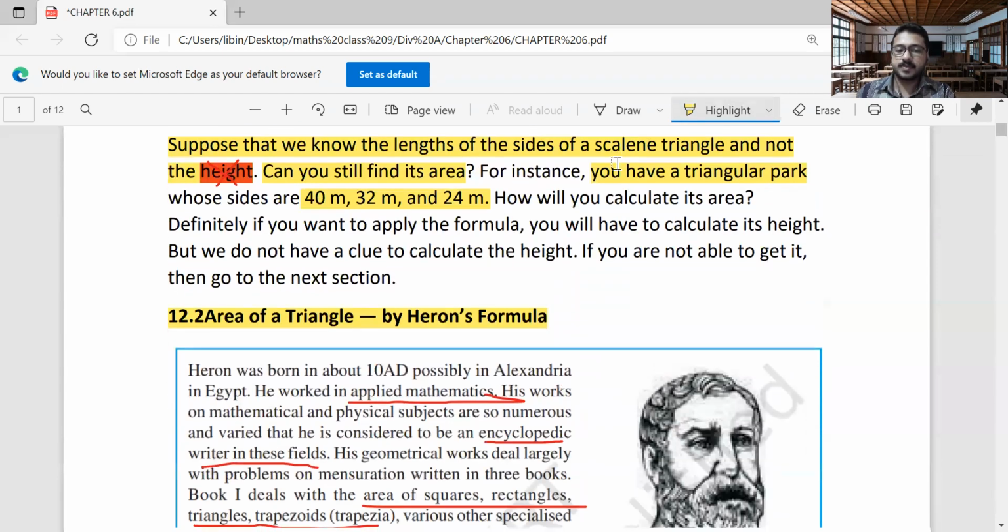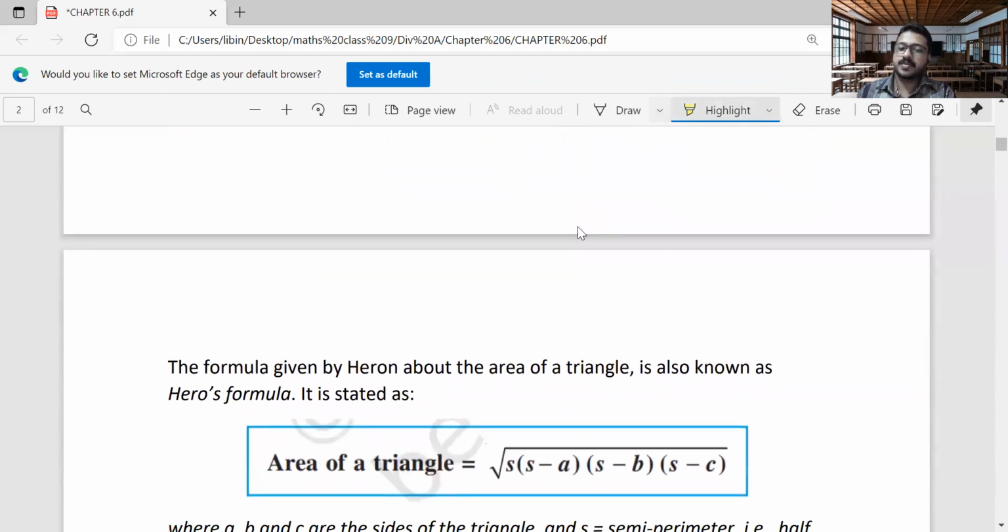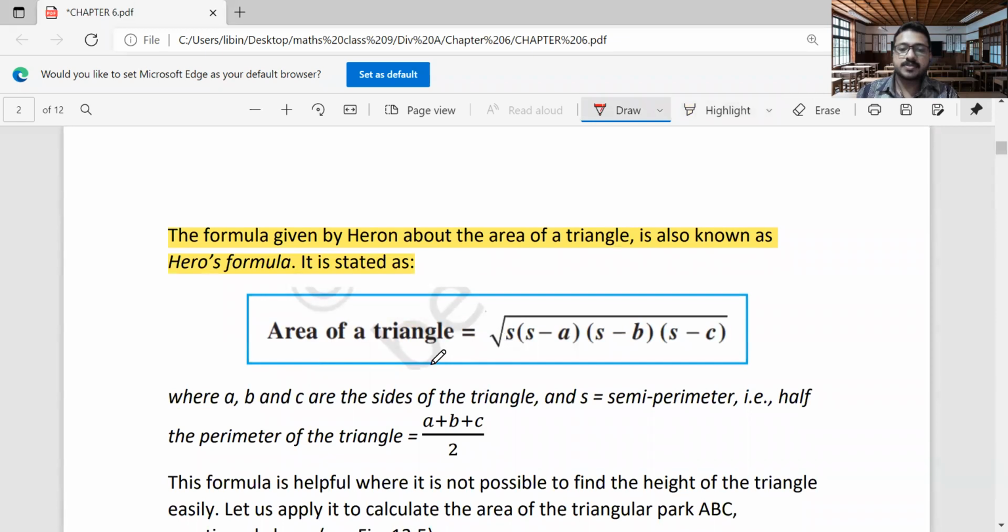Okay, so let us see the famous Heron formula. The formula given by Heron about the area of a triangle is also known as Heron's formula, and it is stated as follows. You have only one formula to learn from this whole chapter, so learn it by heart. All of you should be able to give Heron's formula at any time when I ask you. Area of a triangle is equal to the square root of s into s minus a into s minus b into s minus c.